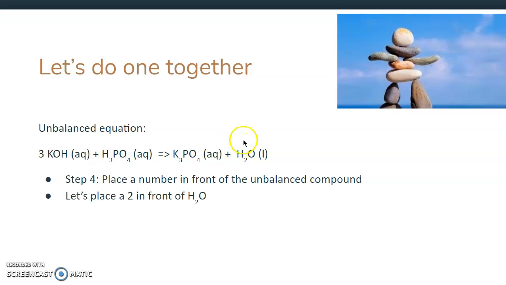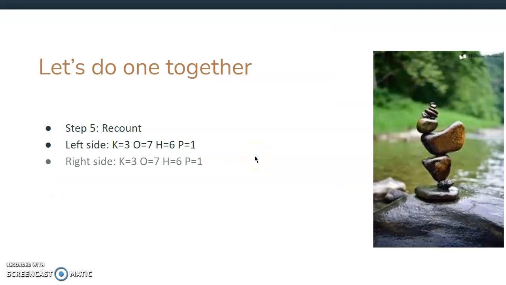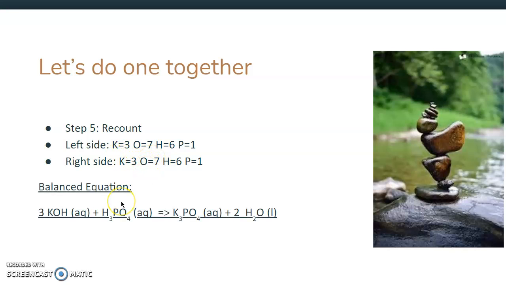So let's look at our next step of determining where to place our next number. If we were to put a 2 in front of our water, our H2O right here, it would be 2 times 2 hydrogen, so 4 hydrogen, and then 2 times 1 oxygen. So I just recounted those after putting a 2 there, and then our balanced equation would look like this.